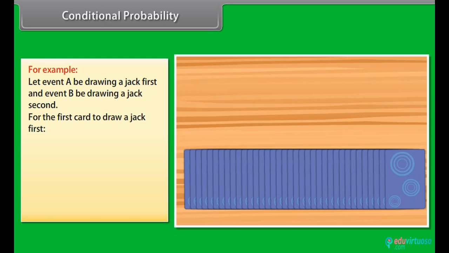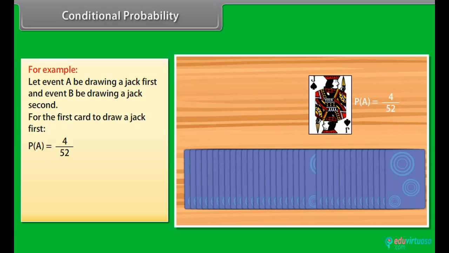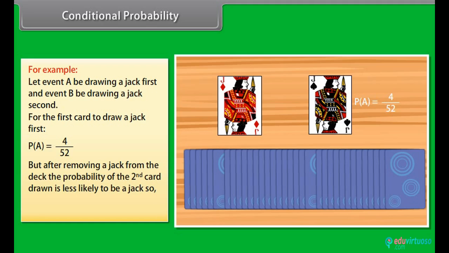For the first card, probability of event A is equal to 4 by 52. But after removing a jack from the deck, the probability of the second card drawn is less likely to be a jack. So, conditional probability of event B when event A is given is equal to 3 by 51.